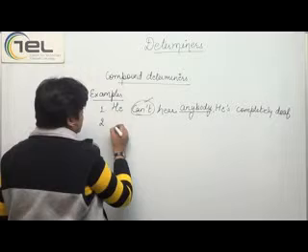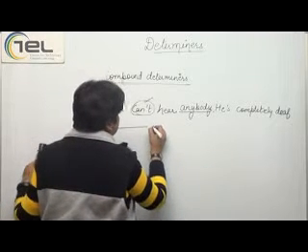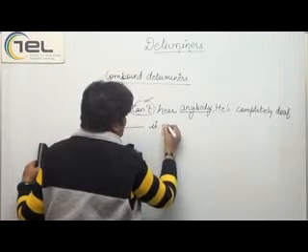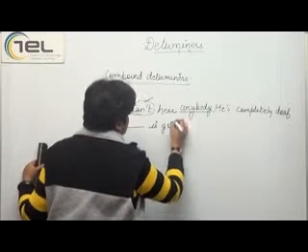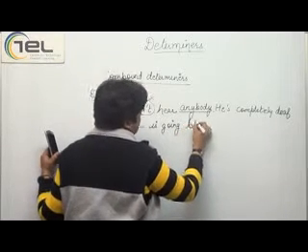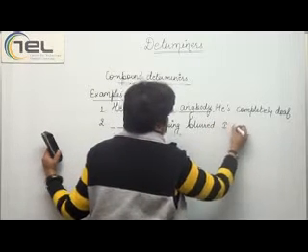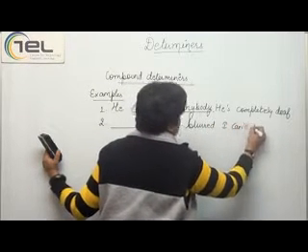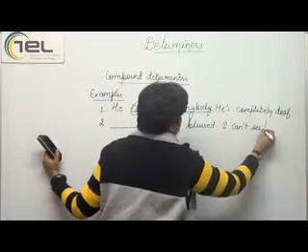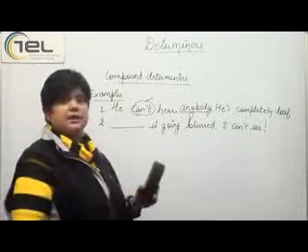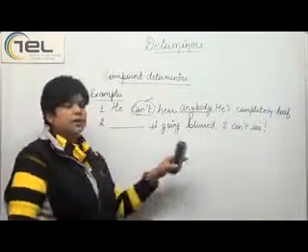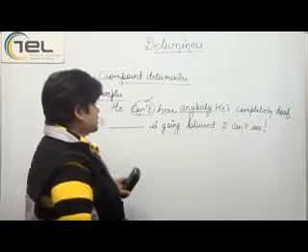Another example is: dash is going blurred. I can't see! Dash is going blurred, the vision is blurred.